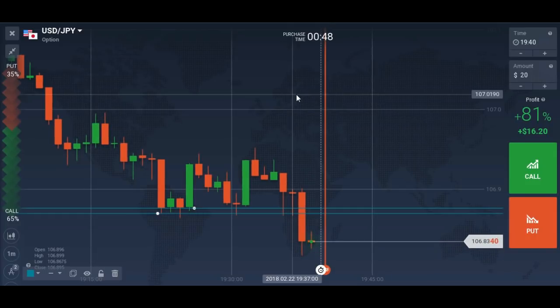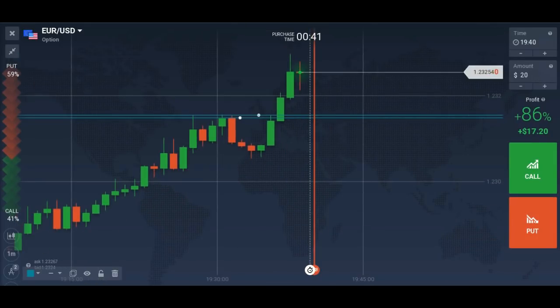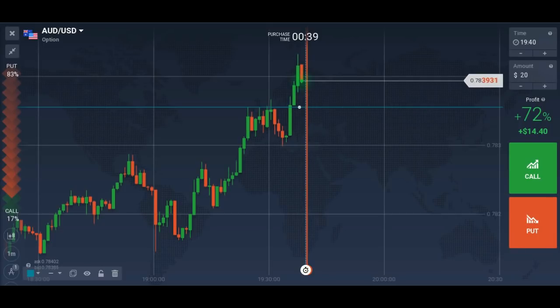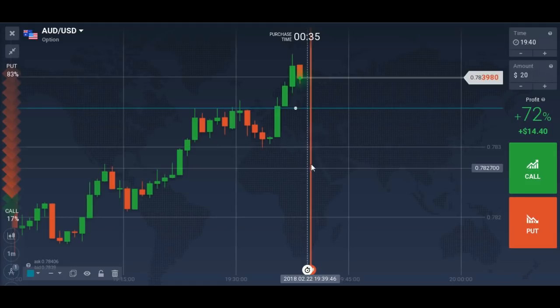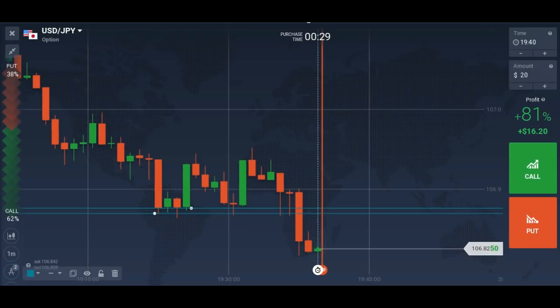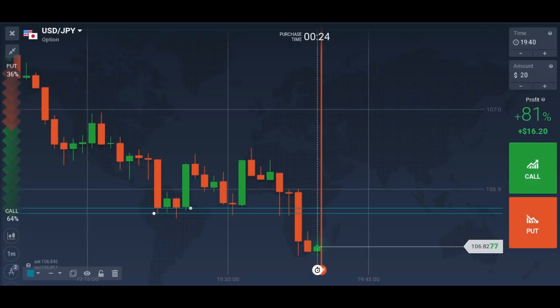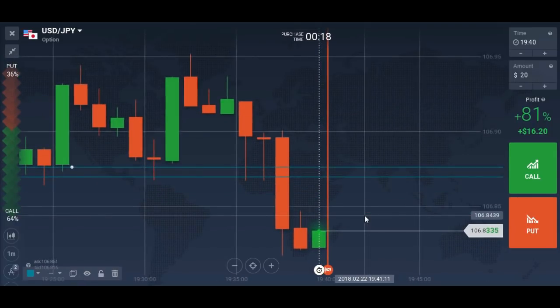So I'm just keep switching the chart so that we can see the trading opportunity. Okay, AUD is giving me a hope. Let's wait for this.